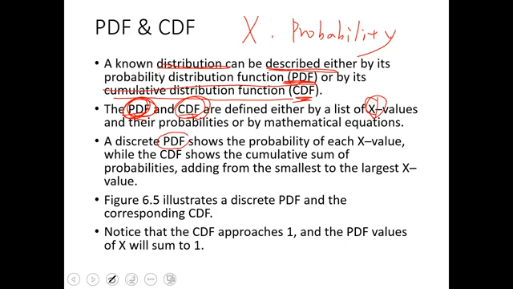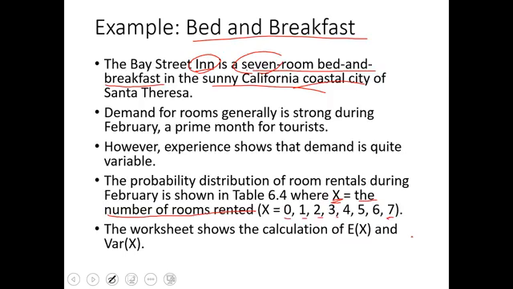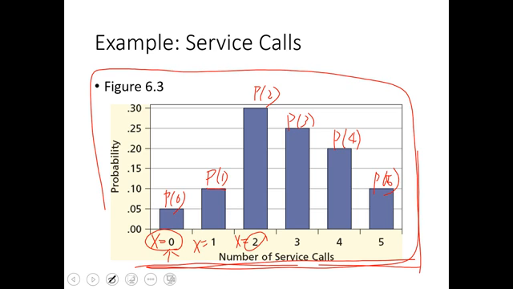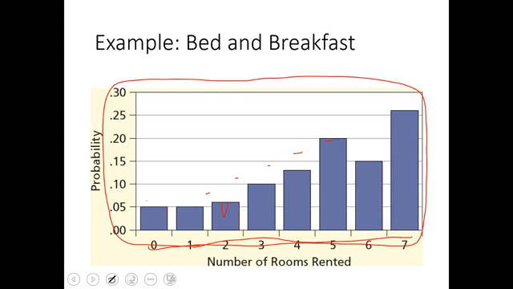We saw one here, and another is this one, Figure 6.3, the probability density function for the service call. And this one is the probability density function for the bed and breakfast random variable.